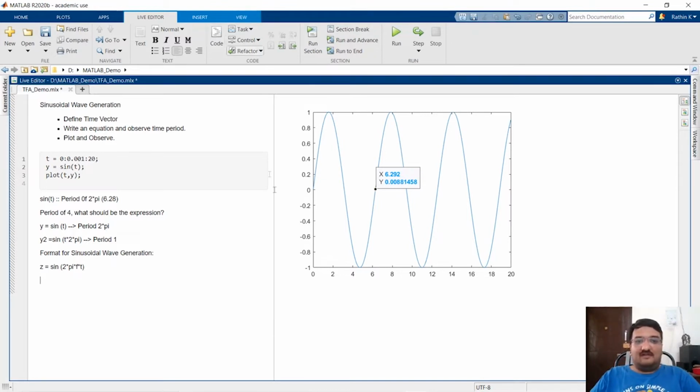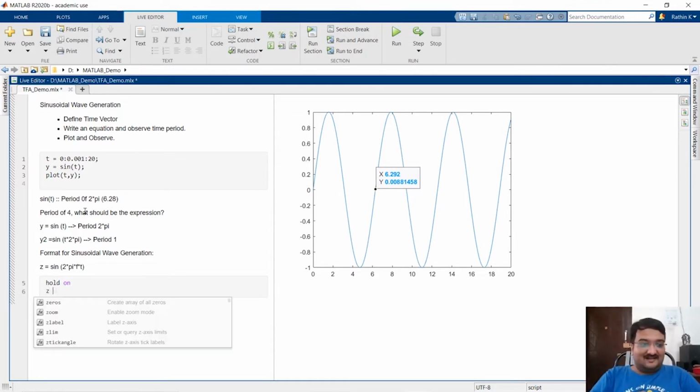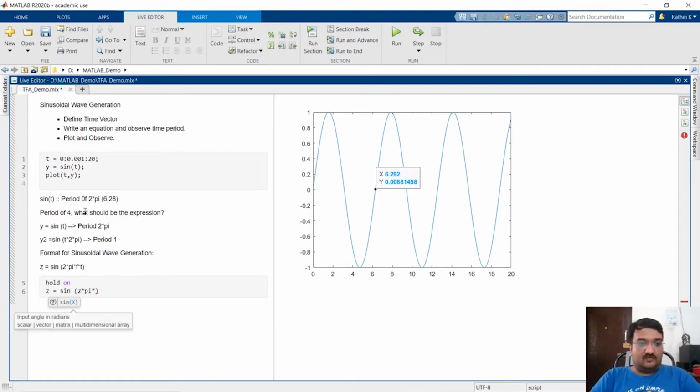So let's quickly realize this again in terms of code. I want to plot it here only, it will be better. So first I will hold this graph, so that I don't plot it in another separate graph, and I will plot it as z is equal to sine of 2 into pi into. Now as we mentioned, we want a period of 4.